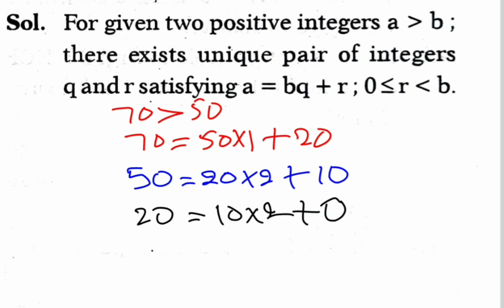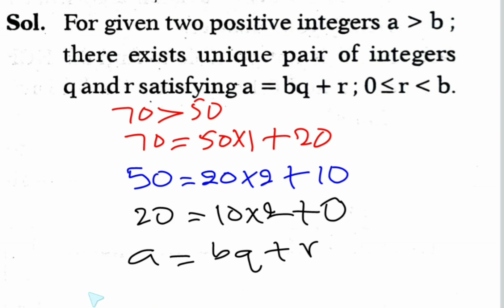Now A is equal to BQ plus R, and R is 0. So then B is the HCF of 70 and 50.